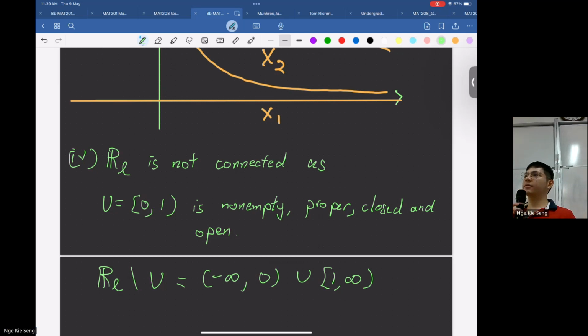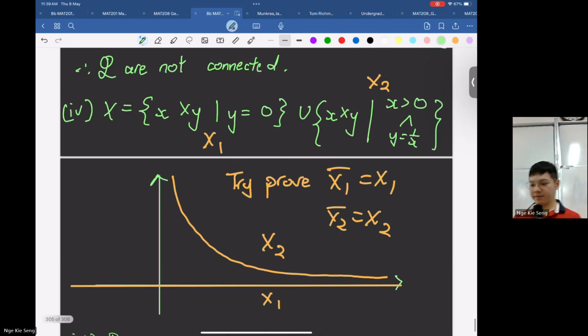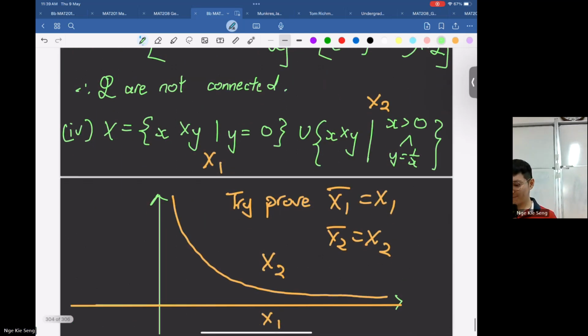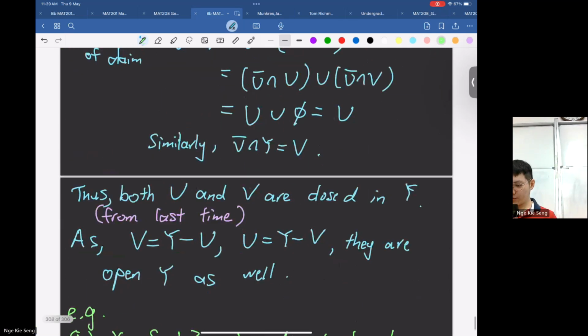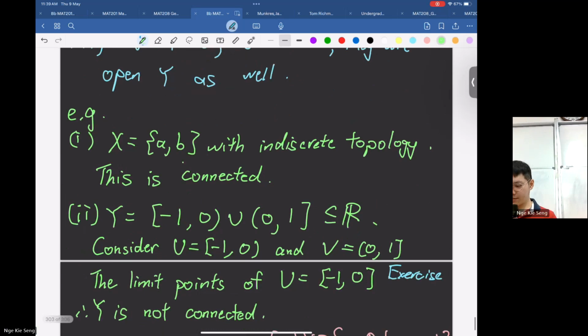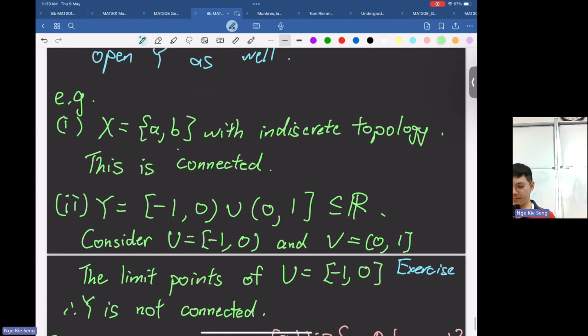Any question? Yes. Previous, which one? The second example. Okay. 0 is the limit point for both U and V. Yes, that's right.